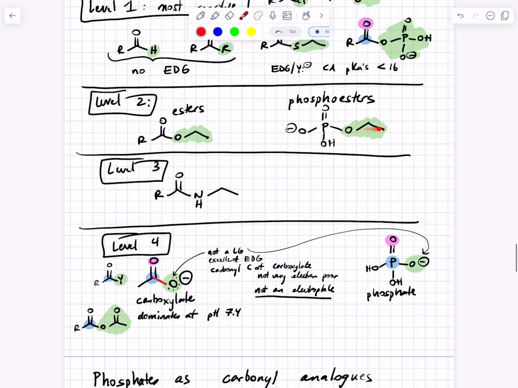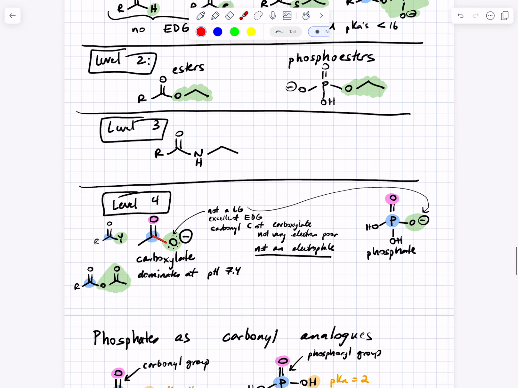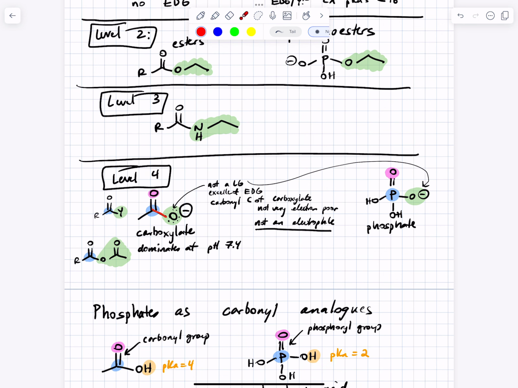We also included phosphoesters because of an analogy between carboxylic acids and phosphoric acids. Below the ester is the amide. The amide is a better electron donor. The nitrogen's a better electron donor and a poorer leaving group than the ester, so it's less reactive. And then level 4 is the carboxylate, which is not even an electrophile.